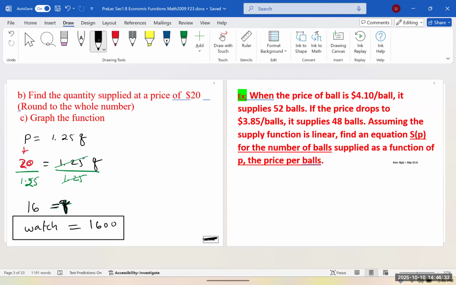Price is x and bowls is y. So what minus what goes on the numerator? 52 minus 48, divided by $4.10 minus $3.85.